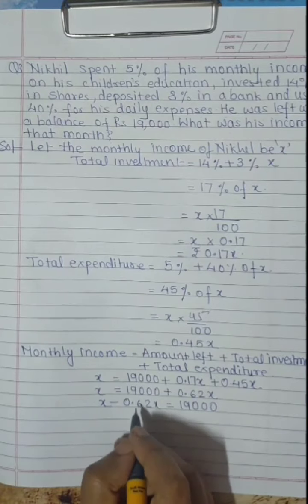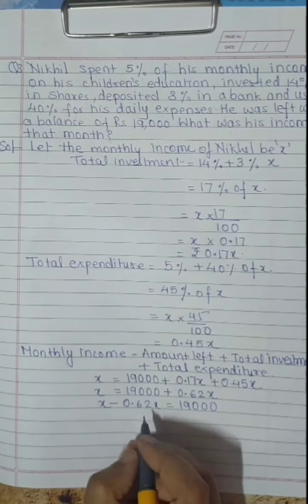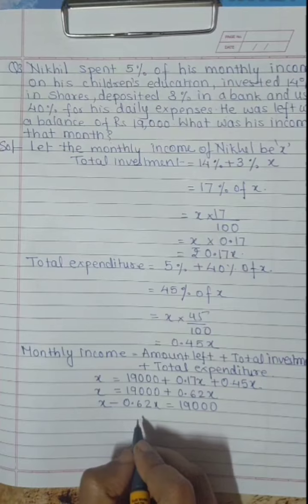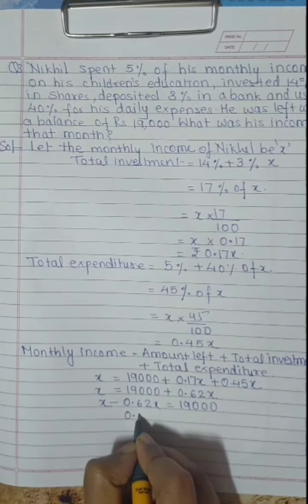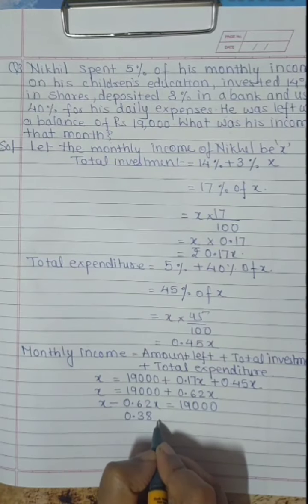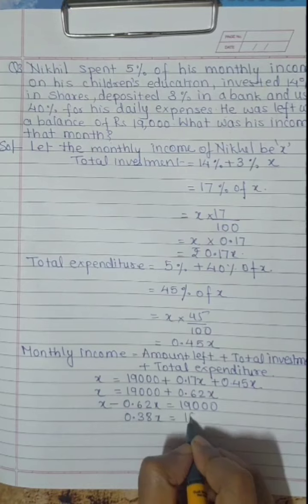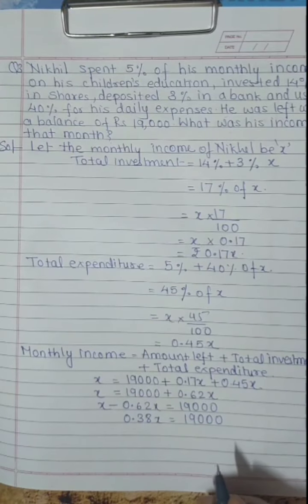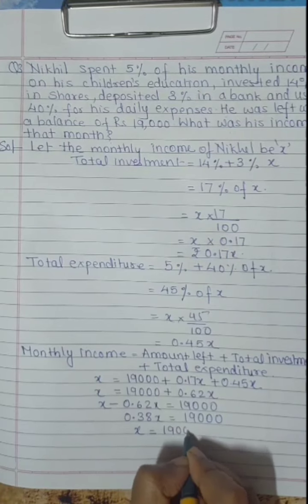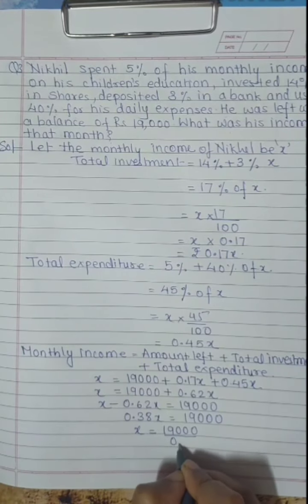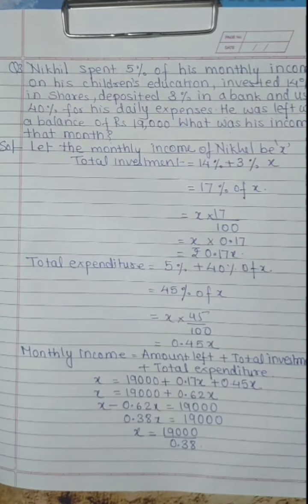When we subtract both we get 0.38x equals 19,000. Now x is equal to 19,000 upon 0.38. I hope you are understanding.